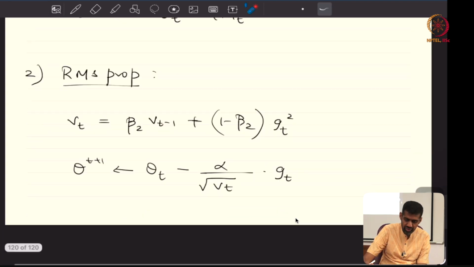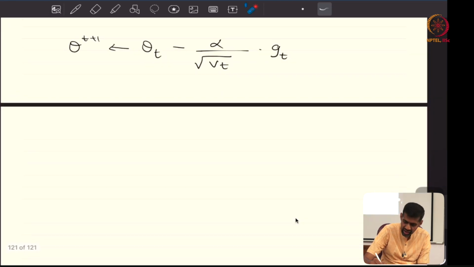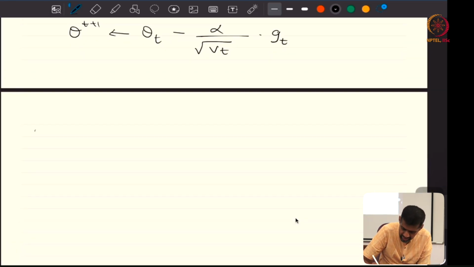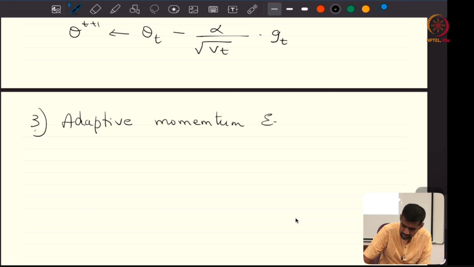The other update, an improvisation of this, is what is called adaptive momentum estimation, also known as Adam.